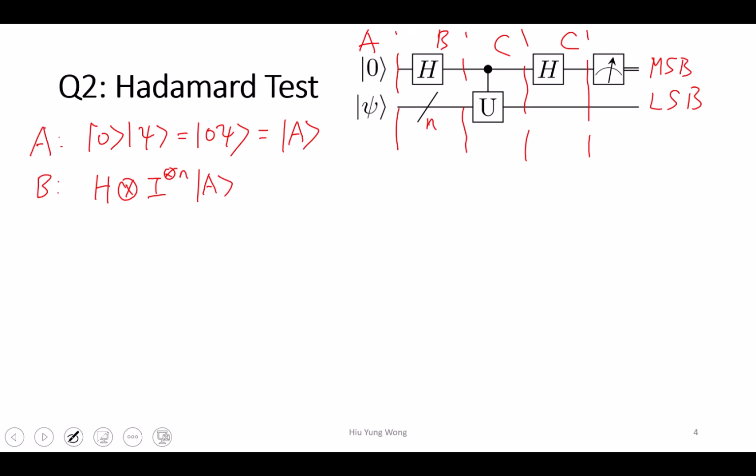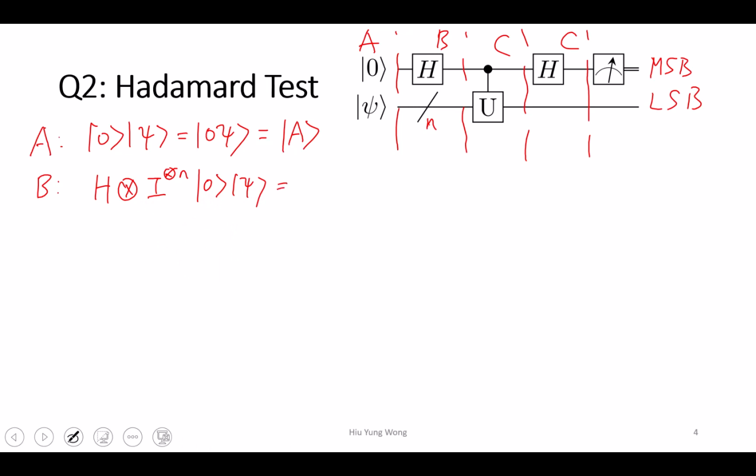So this is just a notation, and we apply this to A, okay? But of course, what is A? A is, if I remove it, |0>|psi>, right? And again, we know that we can apply the operator to individual subspaces and then do the tensor product again, right? So you can see that H only applies to |0> and identity only applies to |psi>. And so this is easy.